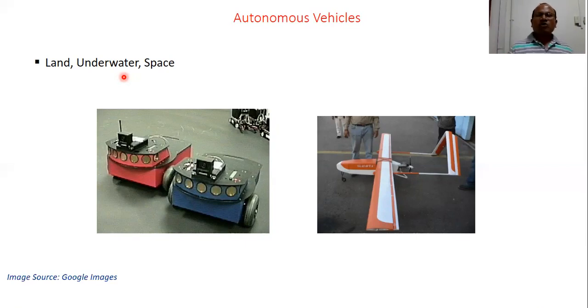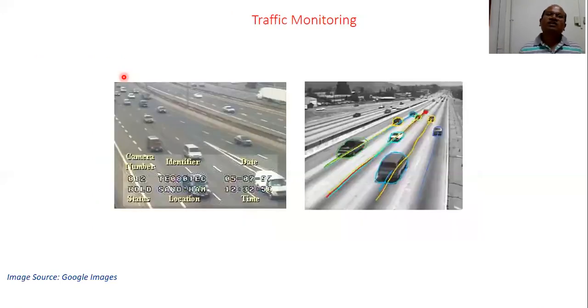Through sensors, the autonomous vehicle will capture the data, the images of surroundings and the ways, and based on identifying and recognizing those objects, it will decide which direction to move, at what speed, and then it will have its autonomous driving. So this is one interesting application area where autonomous vehicles use the concept of image processing.